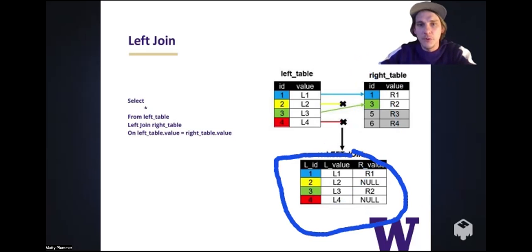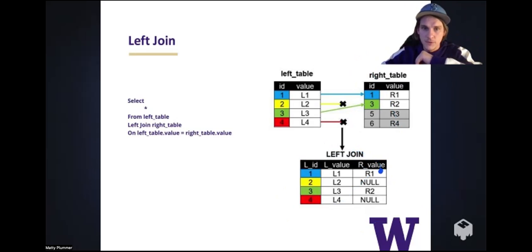But in the second column, the right table, I only have the values from the records that match. So I have a value for ID 1 and a value for ID 3, because these are the only records from the right table, ID 1 and 3, that match the left table.